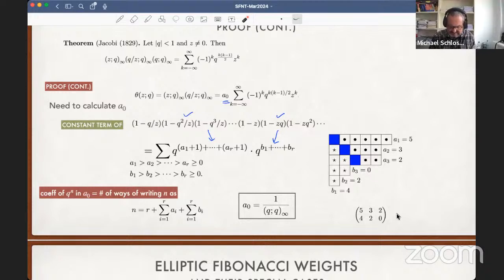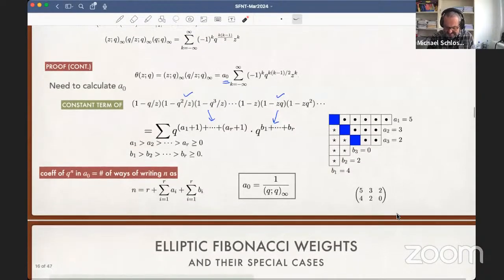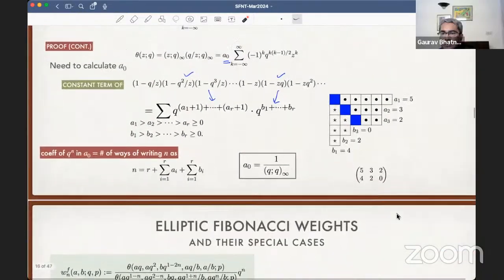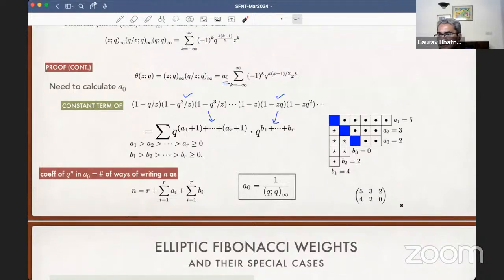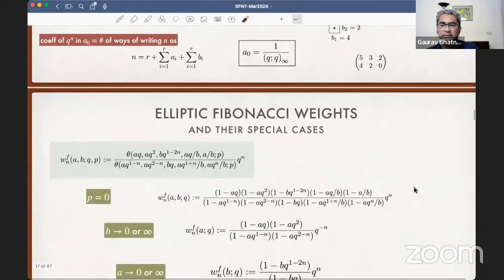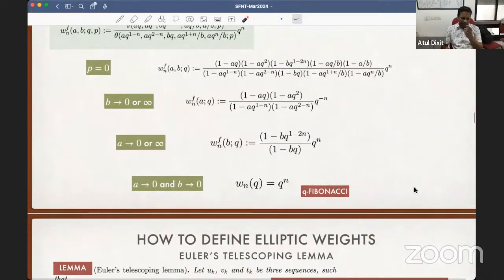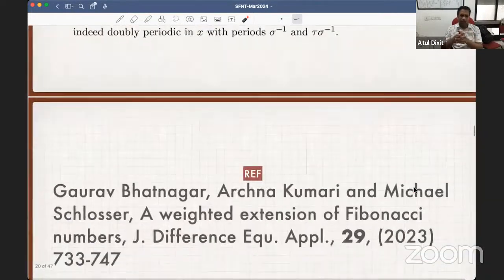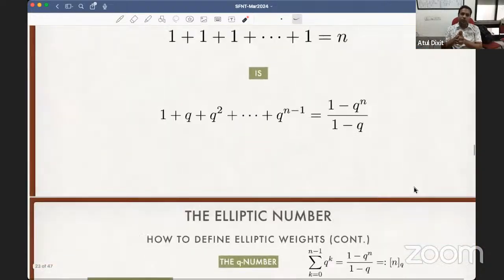I'm not sure. I'm pretty sure that I have seen it in Andrews, whether he proved it, I mean, it may be due to somebody else.